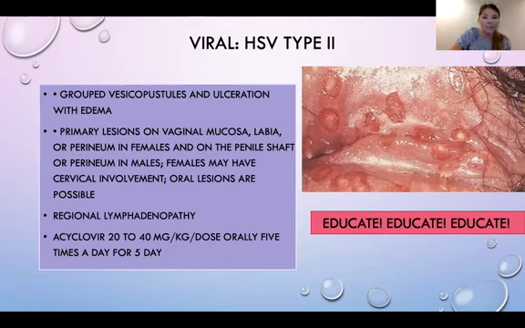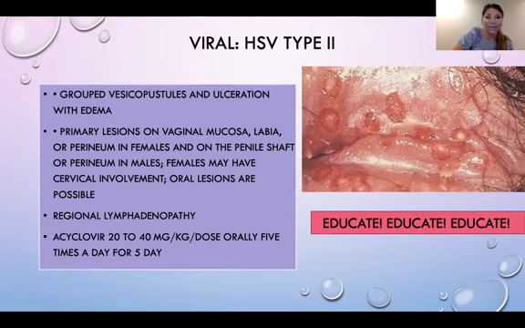Typically females are going to get this on the vaginal mucosa and on the labia, sometimes the perineum. I typically see it on the labia. And then males can get it on the penile shaft itself. So women can have cervical involvement. That's kind of rare.